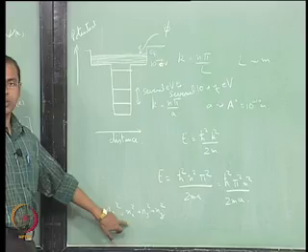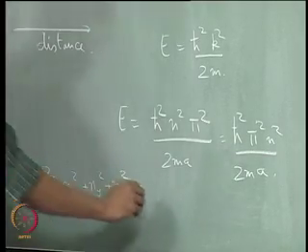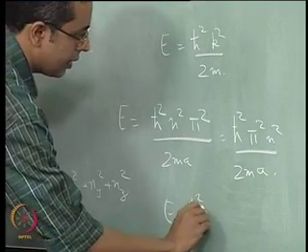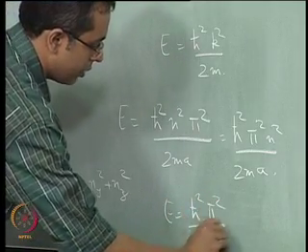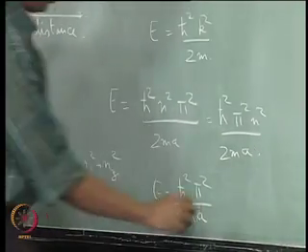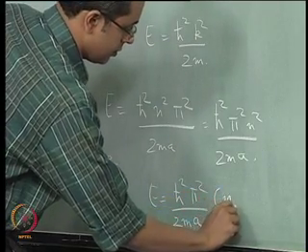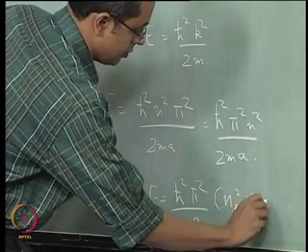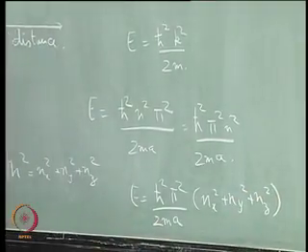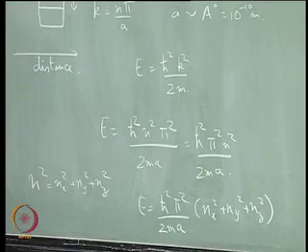So if you want to write it again in 3 dimensions, this is the same as saying E equals h bar square pi square by 2 m a square times nx square plus ny square plus nz square.